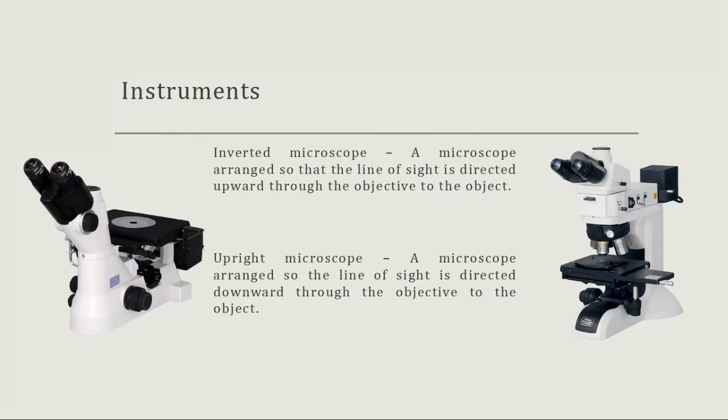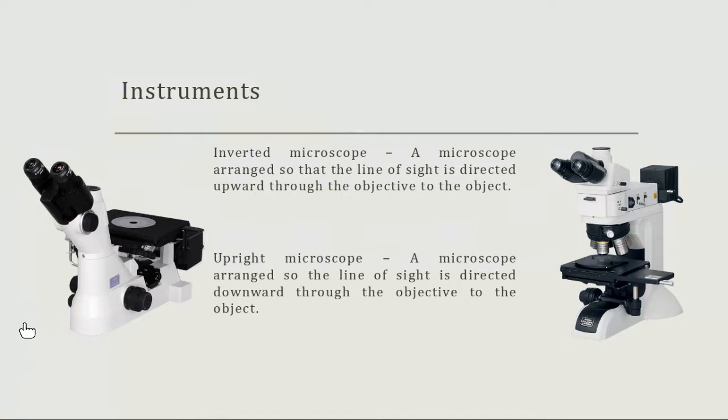So the instrumentation: there are really two types of microscopes used for microscopy. You have the inverted microscope, which is arranged in such a way that the line of sight is directed upward into the objective.